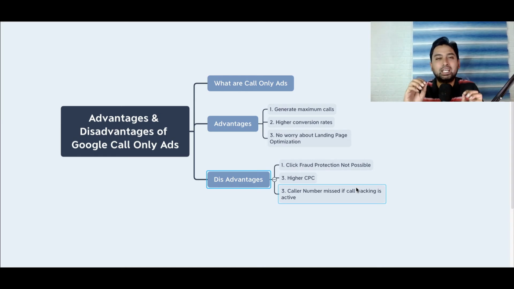In fact, we have seen cases where if the click fraud rises, no one can stop this in Google call only ads. Yes, Google has its own algorithm and has the potential to reduce the click fraud. It does. But these fraudsters are very intelligent. They will try to follow all of Google's guidelines and still do click fraud, right?